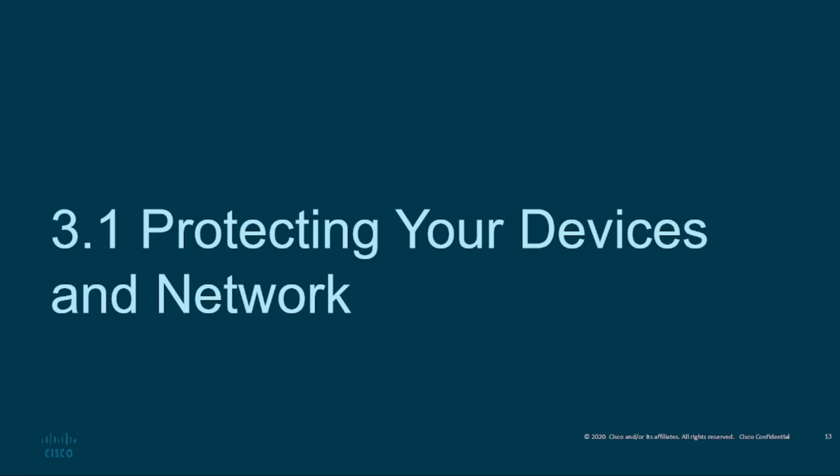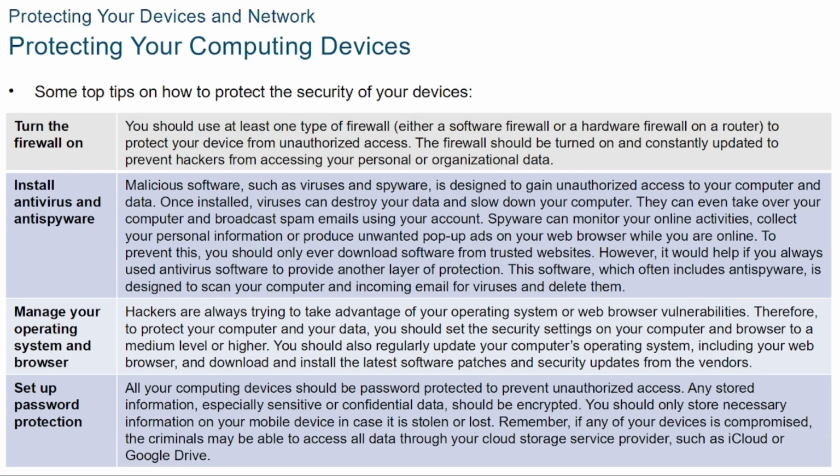Protecting your device and network. So, there are some tips you need to have in mind as a user of the internet or user of technology in order to protect yourself from cyber attackers. So some of the tips include the first one, you have to turn on your firewall. So you should at least have or use one type of firewall, and the firewall can either be set up on your PC, right?